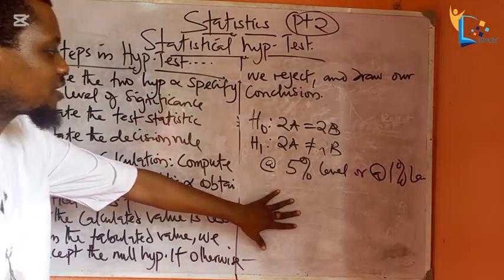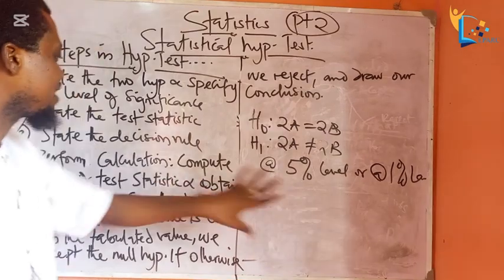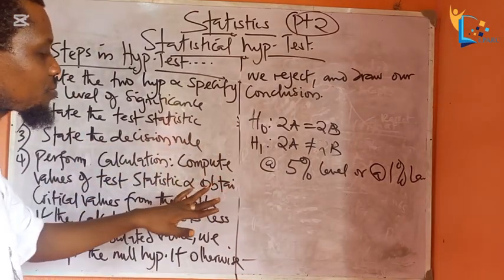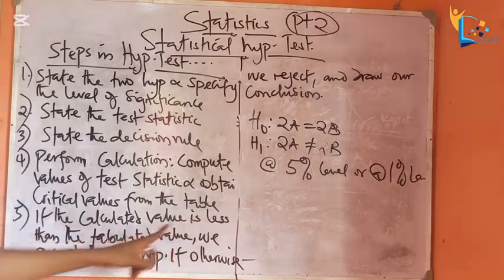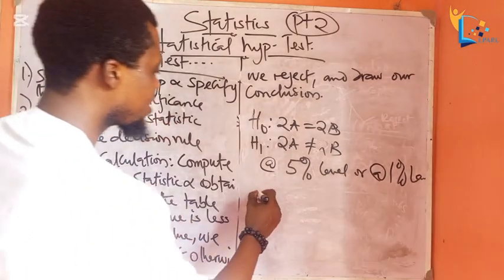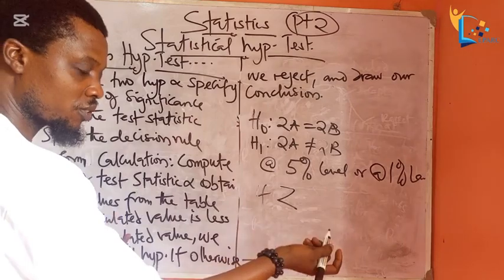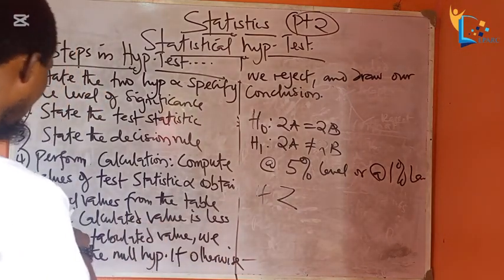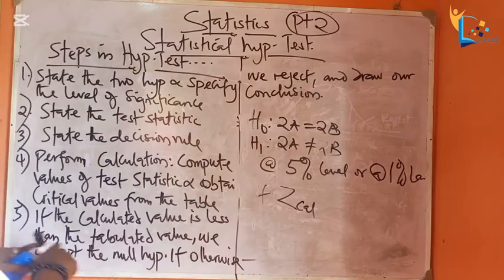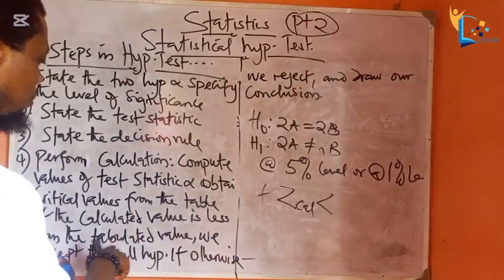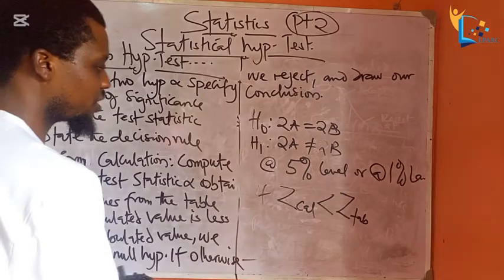Then after you state your test statistic, the next thing to do is to state your decision rule. The decision rule says, if the calculated value is less than the tabulated value, for instance, let's say we are using the z-test, if z calculated is less than z tabulated, we accept the null hypothesis.